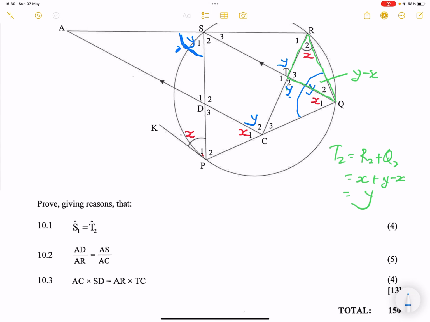Now, note in this case that we said Q1 and Q2 is y, right? Now let's go to T2. So we said, looking at T2, that is going to be the exterior angle of that triangle RTQ.